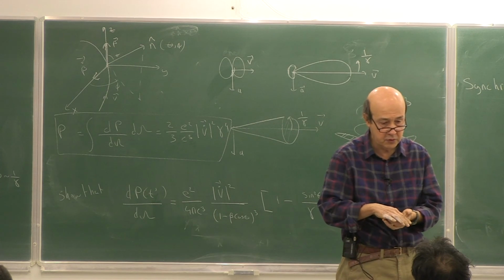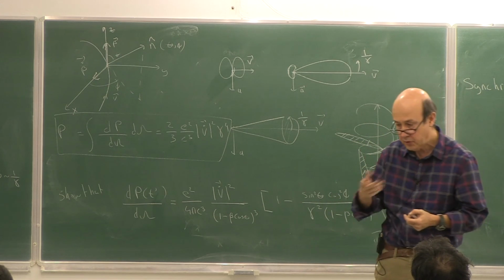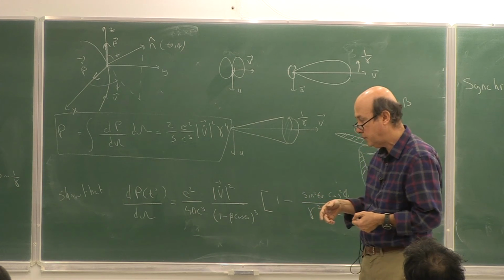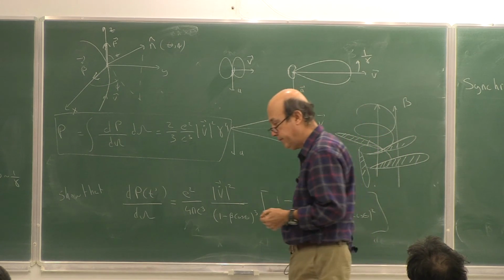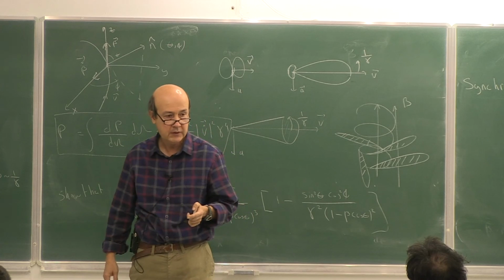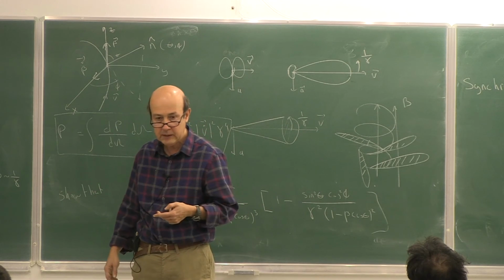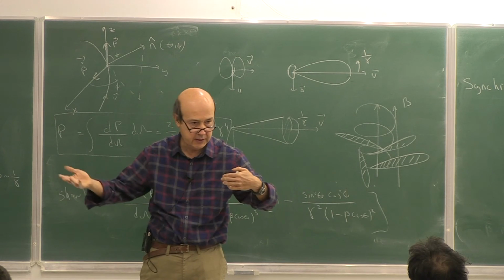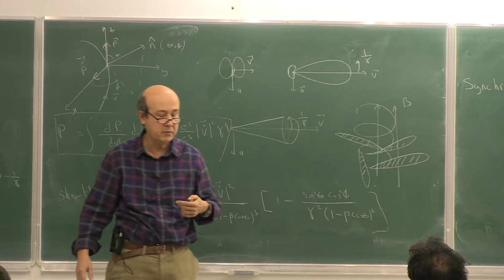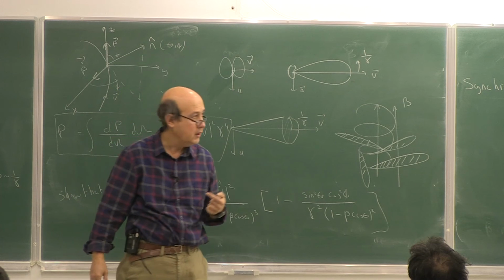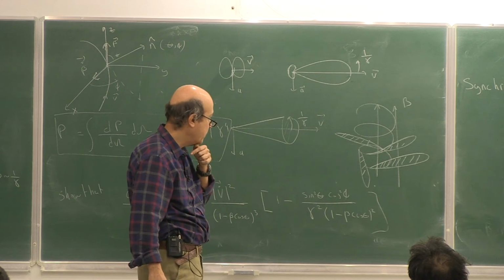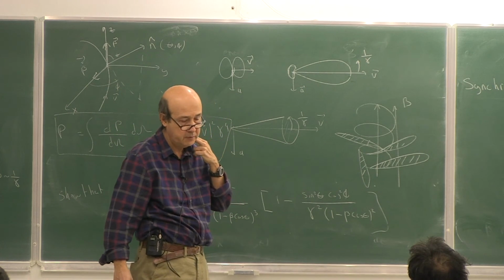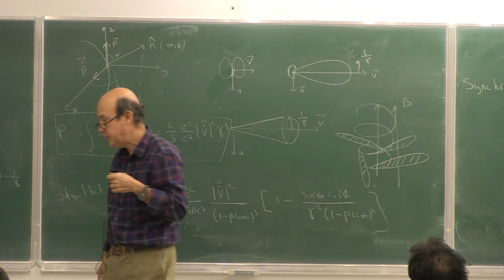Then you need to know the intensity distribution of the photons as a function of frequency. If you multiply by Planck's constant, that will be the intensity versus energy. Then you will have the spectrum of the radiation. So next hour we will prepare ourselves for the spectrum of the radiation.